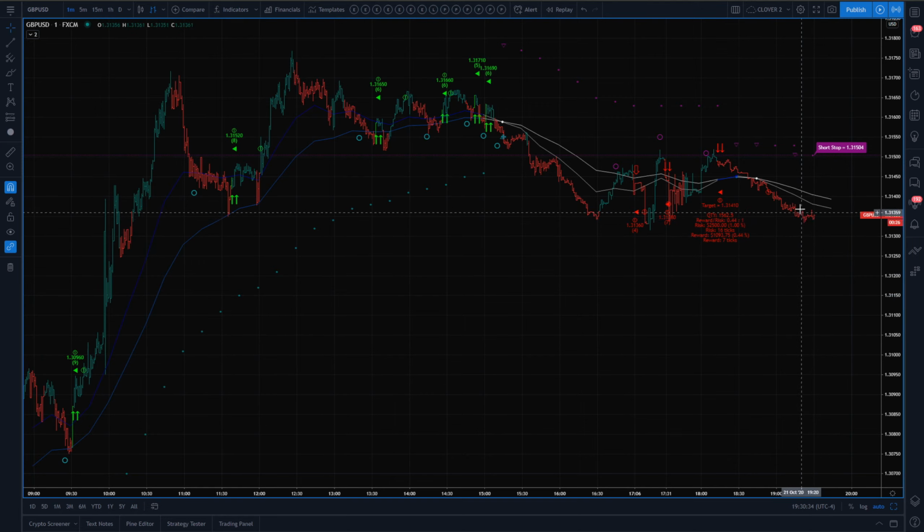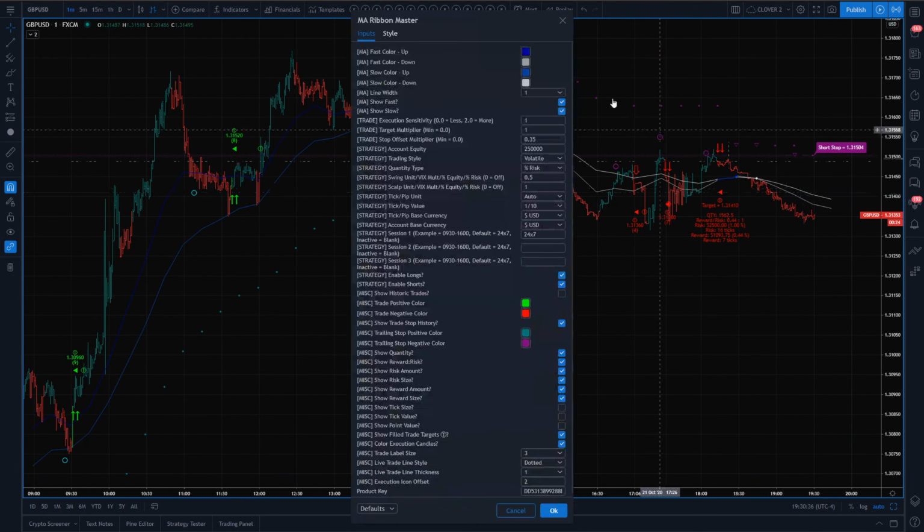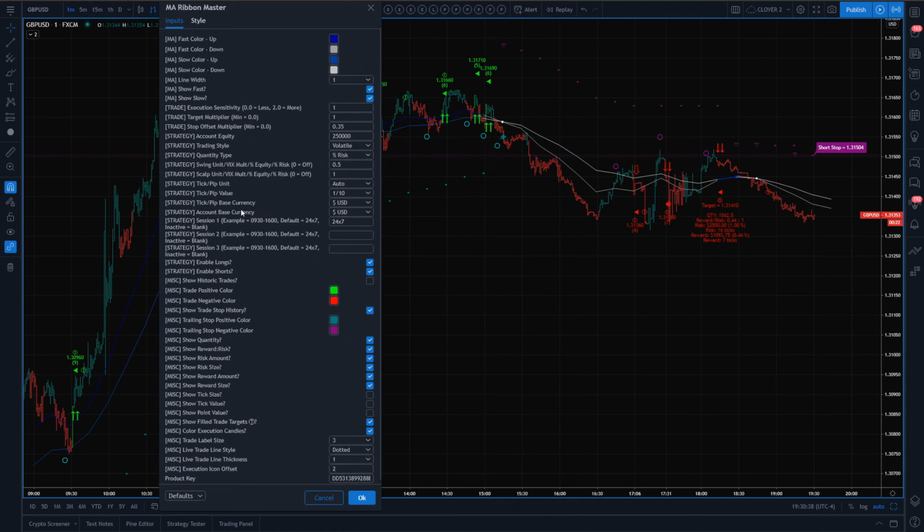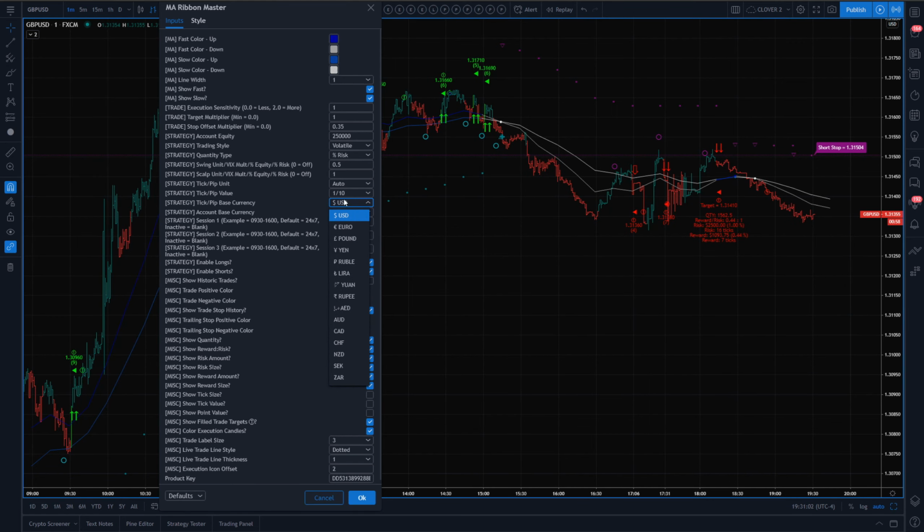So if I don't specify that the tick unit or the tick base currency is in a different currency, I'm going to get the wrong quantities for actually dealing with what I want to actually deal with here. So I need to actually change this to pounds, British pounds. The tick currency is in pounds.